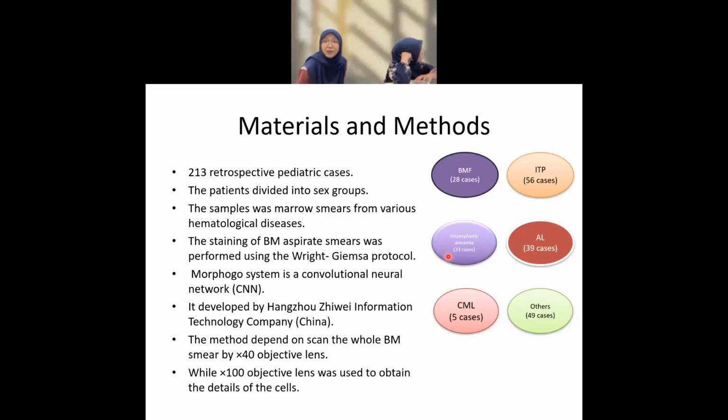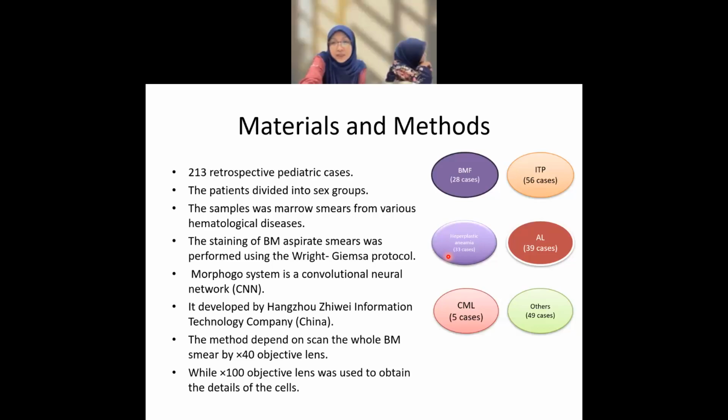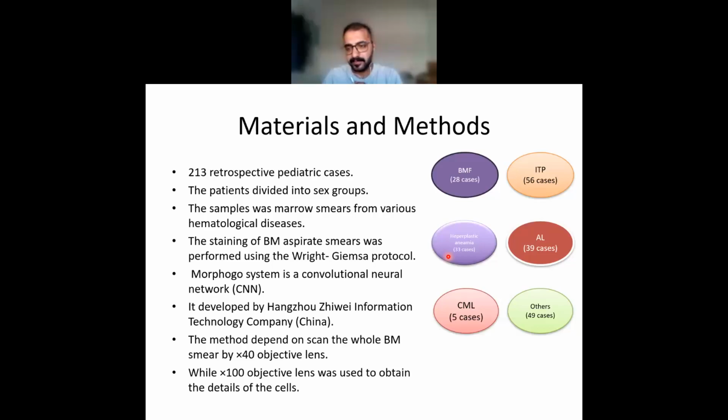So how many images per patient? They didn't mention that, but this system was trained on above 3,000 images of bone marrow smears, for all types of the cells, 3,000 in total.